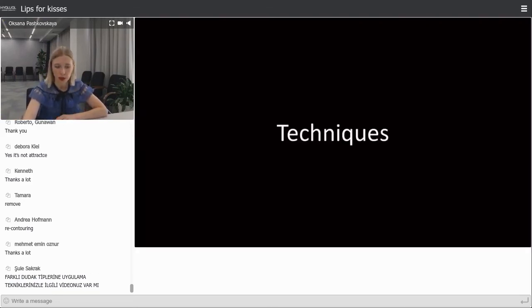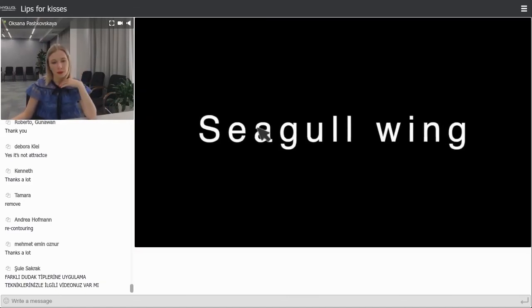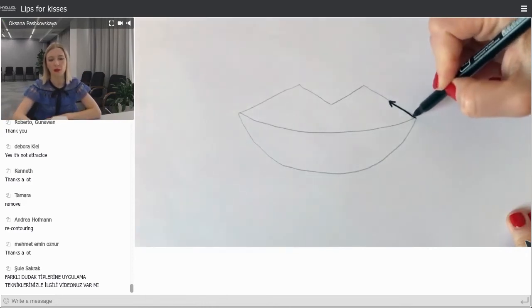I will show you after a few minutes. So now, colleagues, I would like to show you some techniques for managing different lip types, and it's the single wing, the most difficult lips, as I mentioned before.